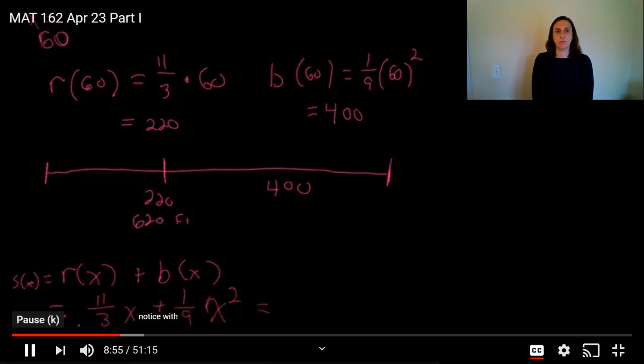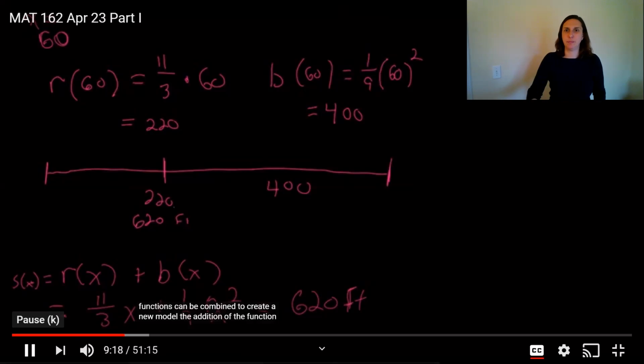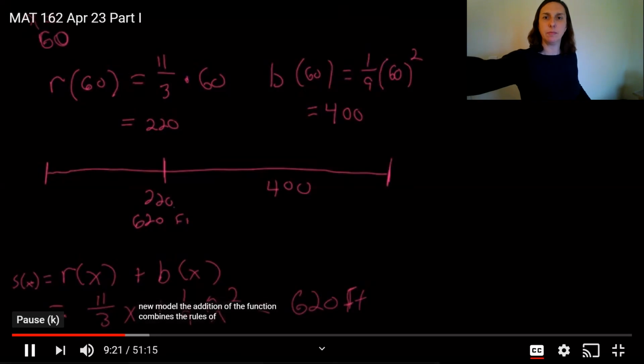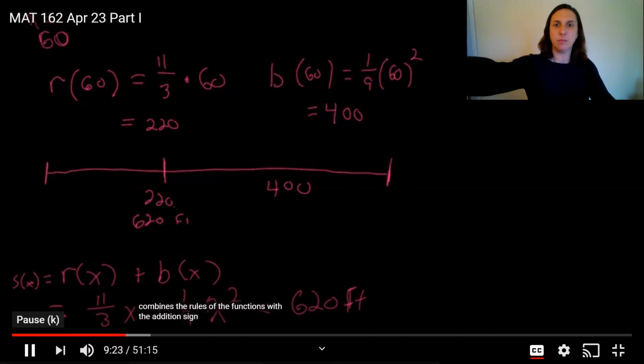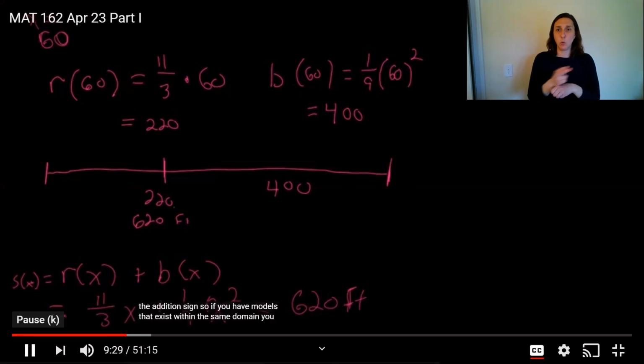Notice, with addition, because of how terms come together, this gives me the answer 620 also. So two separate functions can be combined to create a new model. The addition of the function combines the rules of the functions with the addition sign. So if you have models that exist within the same domain, you can bring the domains together.